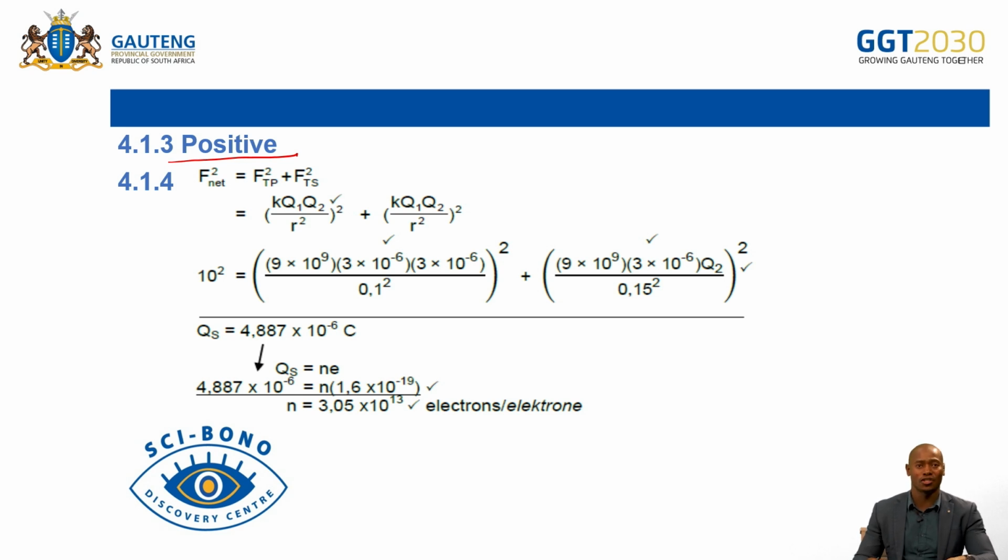How to calculate the charge on S? First thing, you have your free body diagram, right? So this is what we have: 10 newtons here, your net.